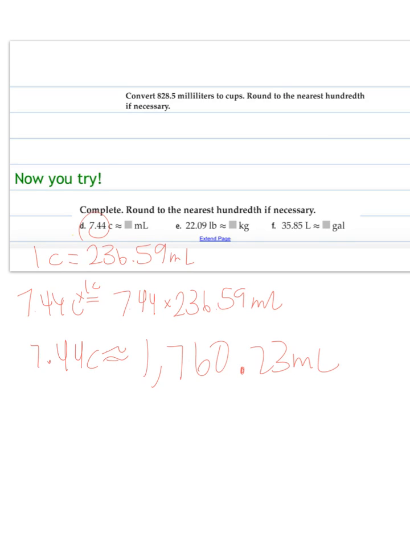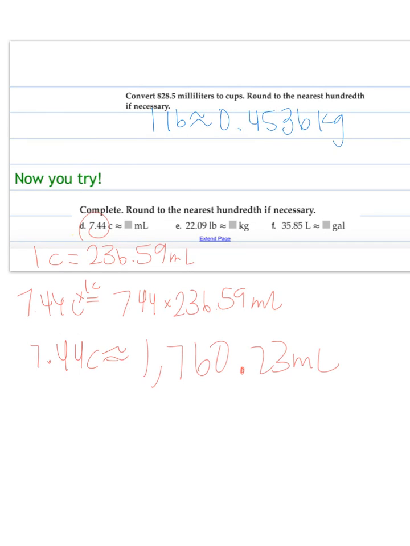Okay, I'm going to do the E up above so I have some more workspace. And we're going pounds to kilograms. 1 pound is approximately 0.4536 kilograms.